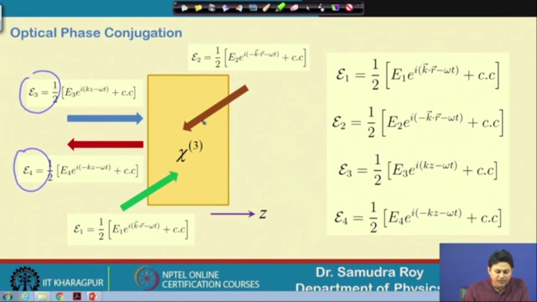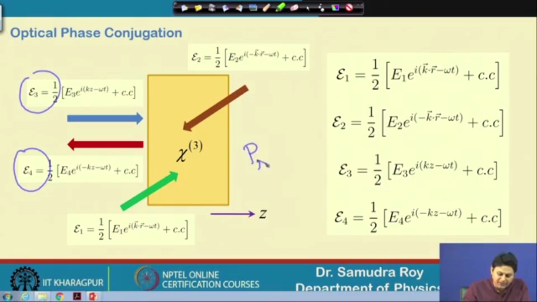In order to find out how E4 will evolve, one thing that we need to derive first is the nonlinear polarization corresponding to E4, and also E3 if I want to find out the evolution of E3, because E3 is also important, this is some sort of signal.